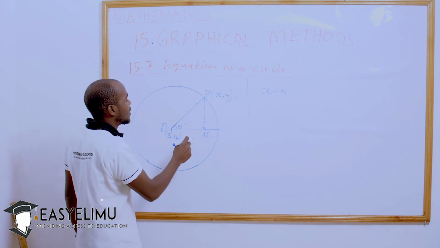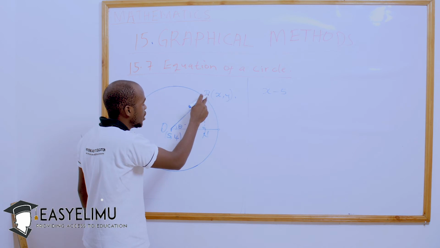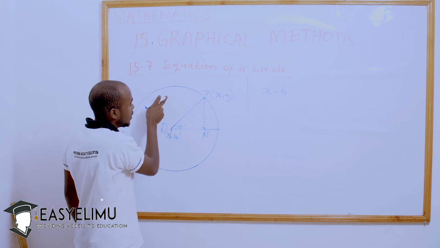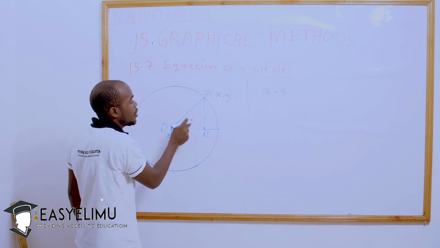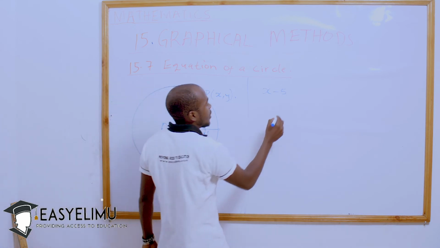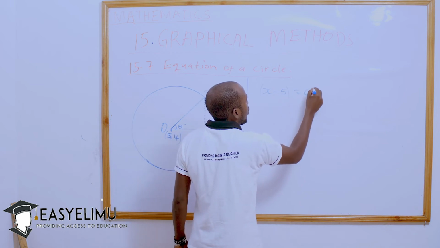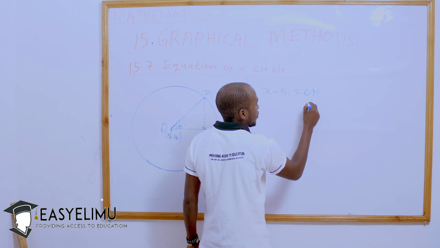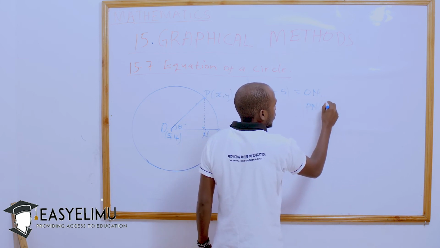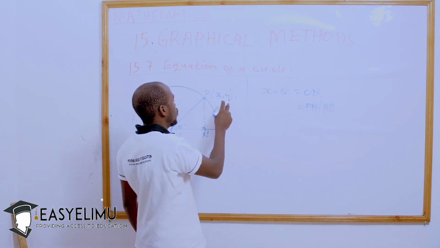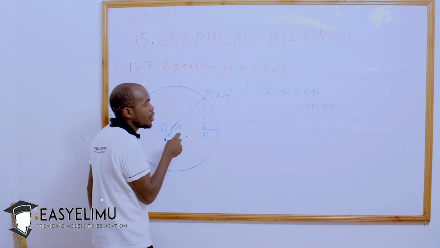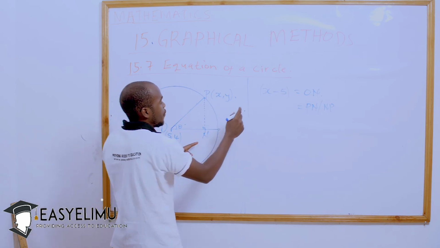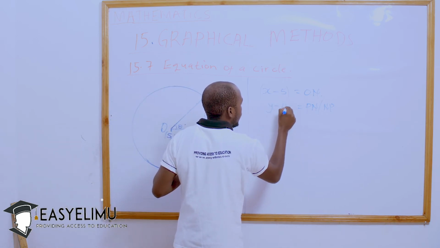The same applies to the distance from N to P, which is the displacement in the vertical direction. So the distance ON, and that of NP or PN, will be equal to, since it is 4, actually it should be y minus 4.